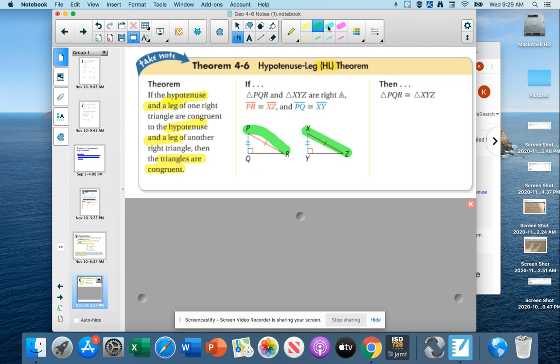Okay, and then it says PQ is congruent with XY. So PQ is here and XY is here. So because we know these things, that we have right triangles, we know the hypotenuses are congruent and one set of the legs are congruent, we then know these triangles are congruent.